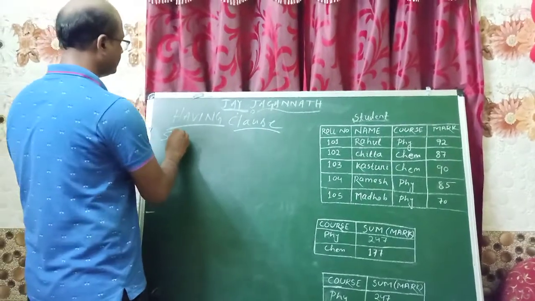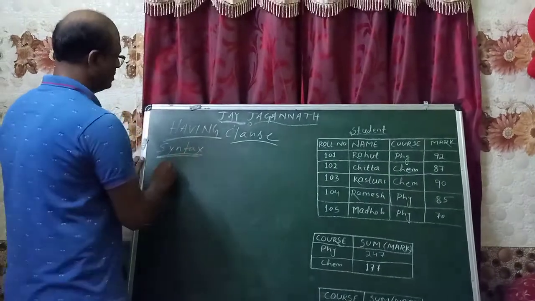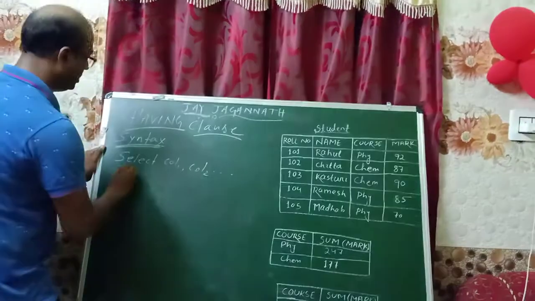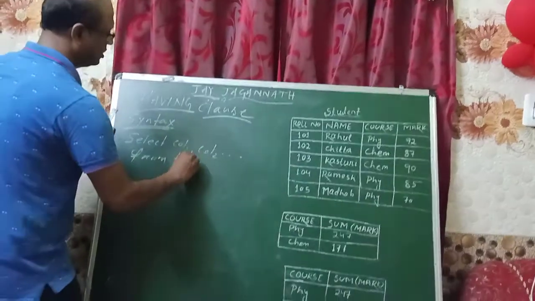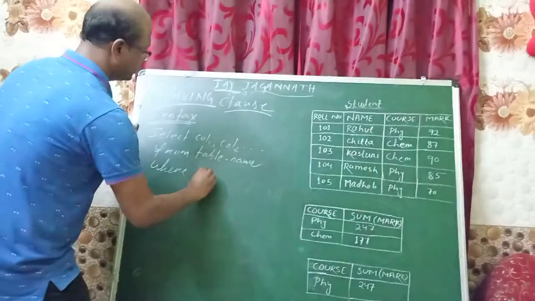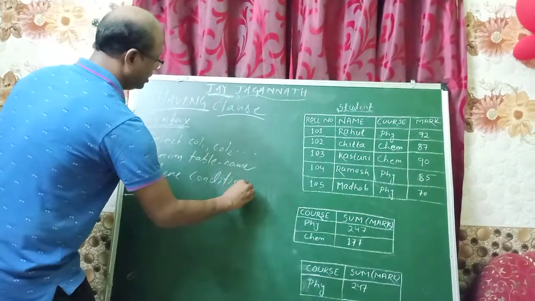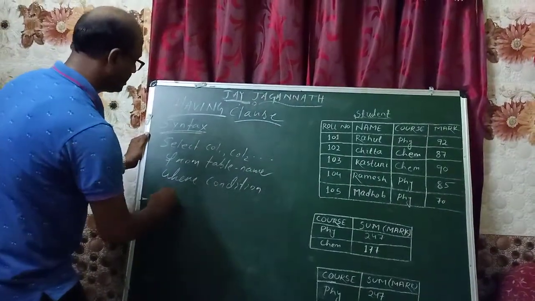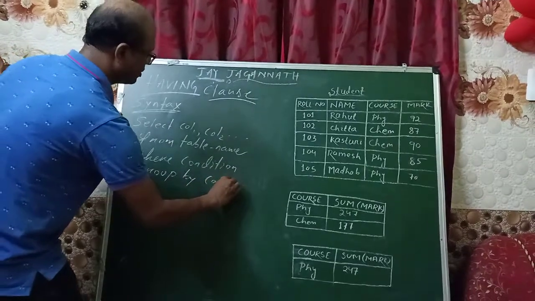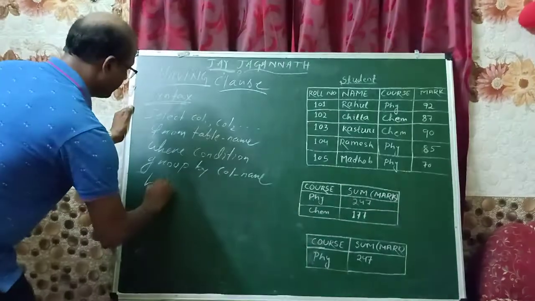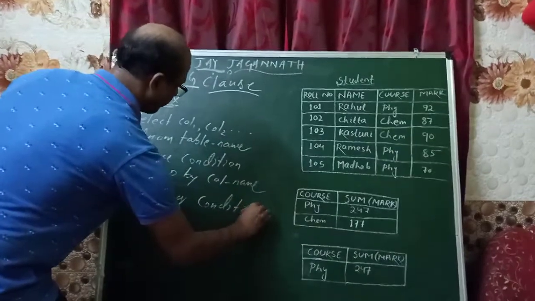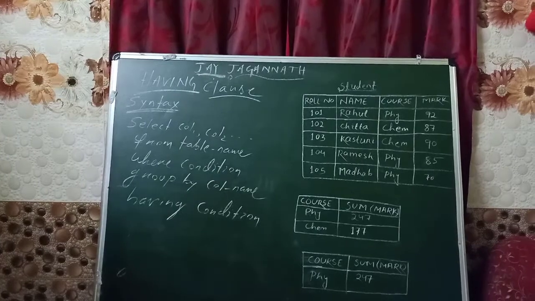The syntax is: select column 1, column 2 from table name where condition, this condition is particularly on rows, group by column name having condition.